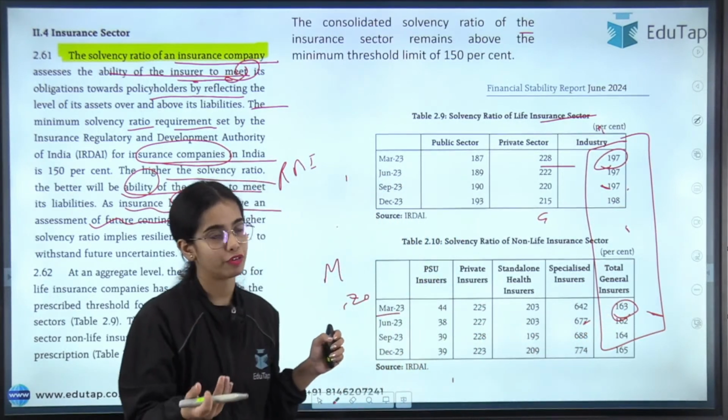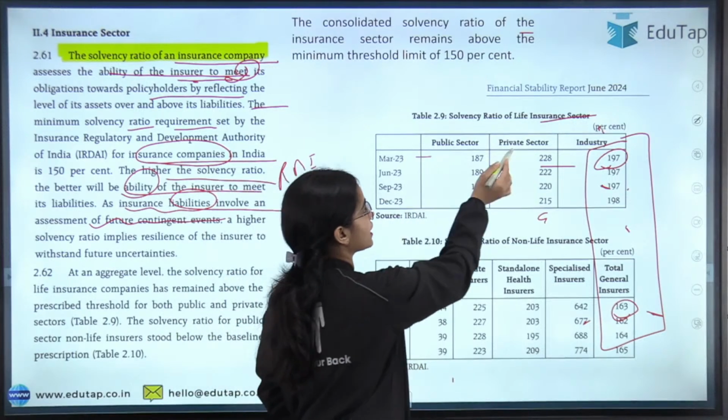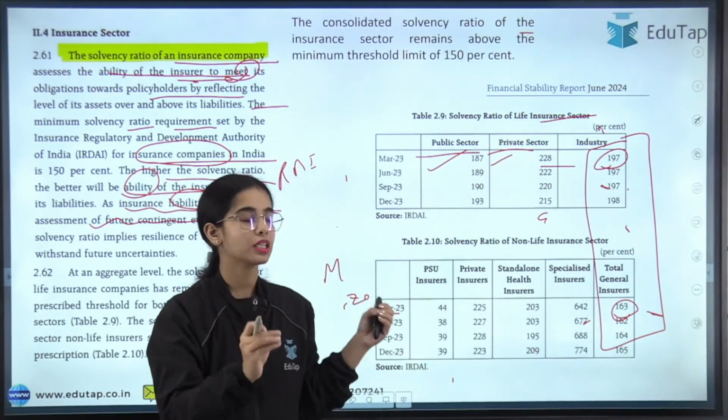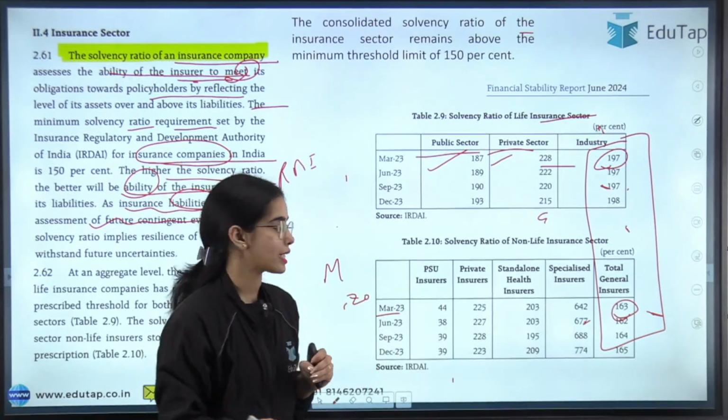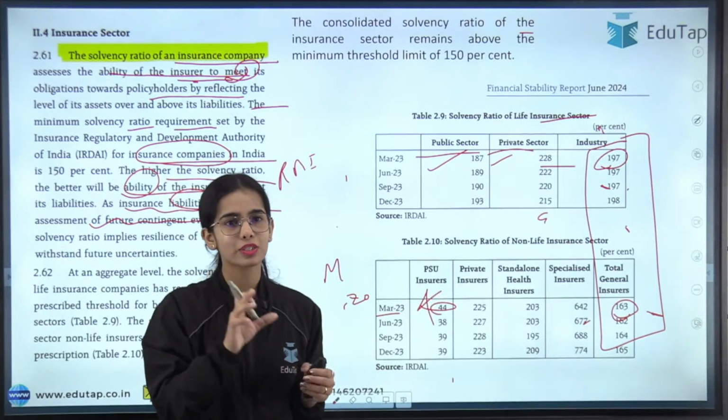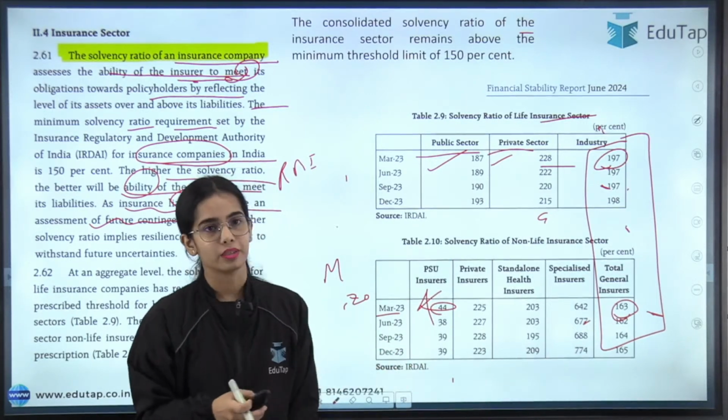For life insurance, the public sector and private sector both are following the solvency margin, but in the general insurance or non-life insurance sector, the public sector is not following the solvency margin, so that is problematic here.